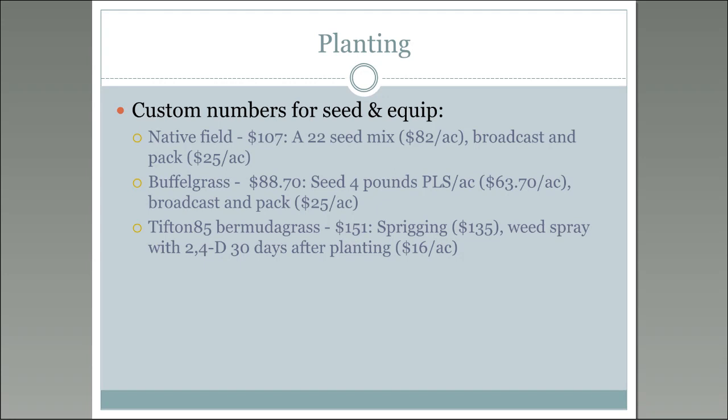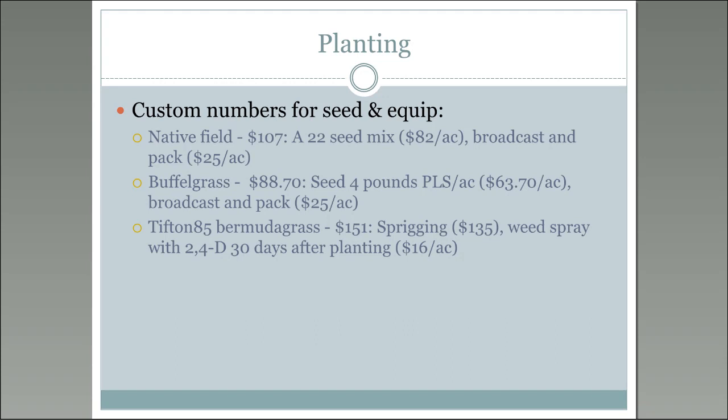Okay, then when we go to planting, we got, of course, custom numbers for seed and equipment. So that's yes, if we hired out completely, but keep in mind that even if you have your own equipment, you need to be considering that that's some type of wear and tear and some maintenance costs to keep up that equipment. Some of you know all too well how much time and effort you keep in maintaining your tractors and shredders and such.